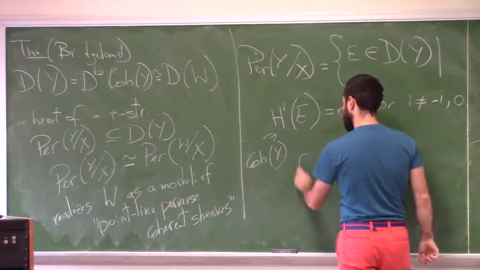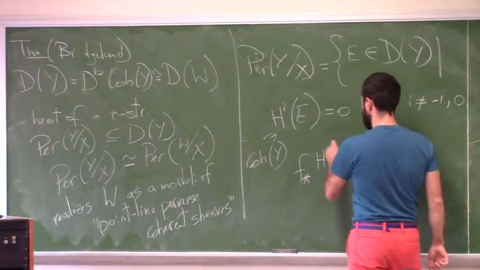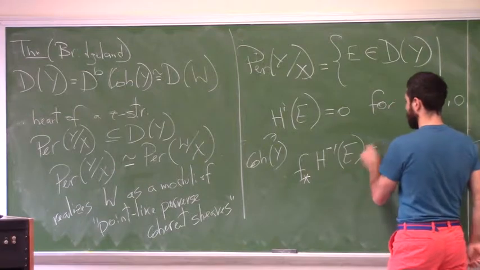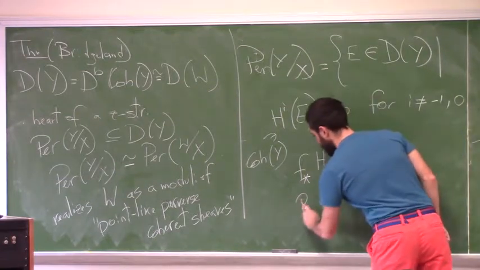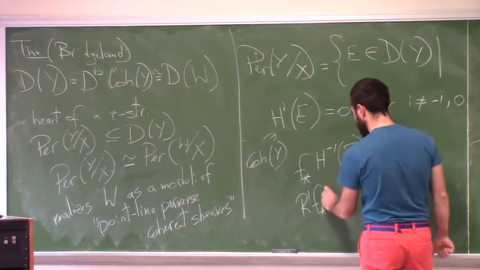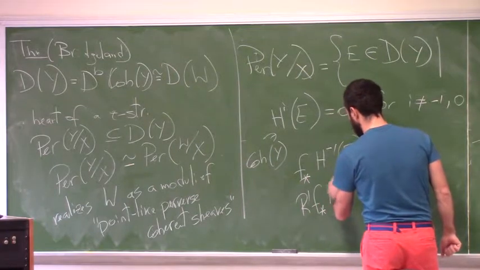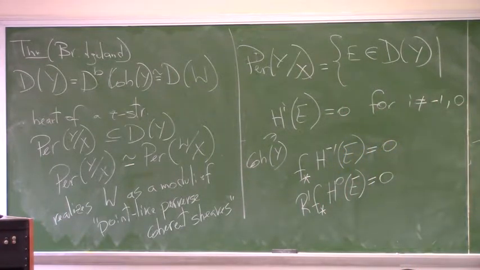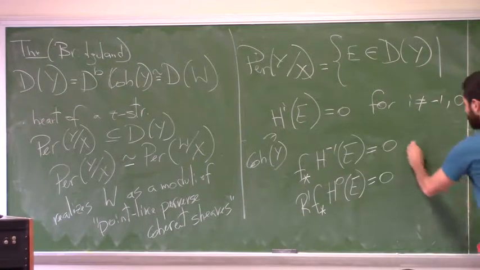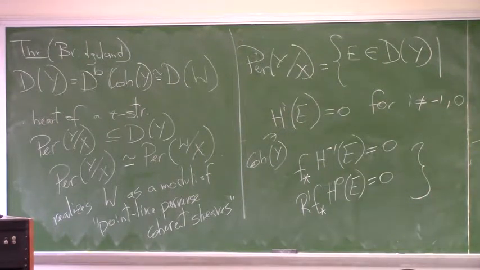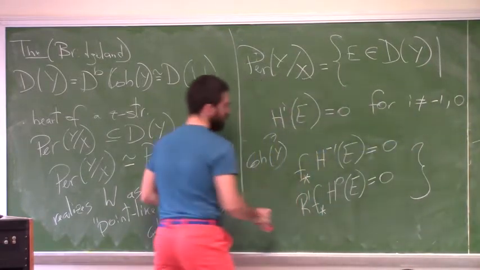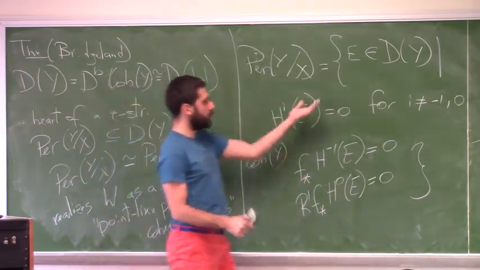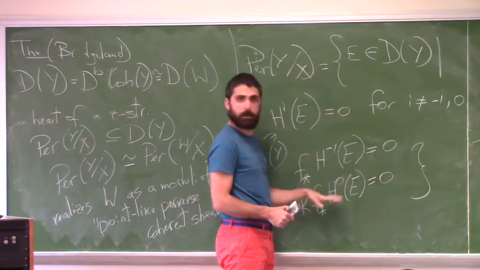Then, if I take the pushforward f_* of H^-1(E), this is 0. And if I take R^1 f_* of H^0(E), this is 0. So this is really all there is. These are just two-term complexes that have this property.